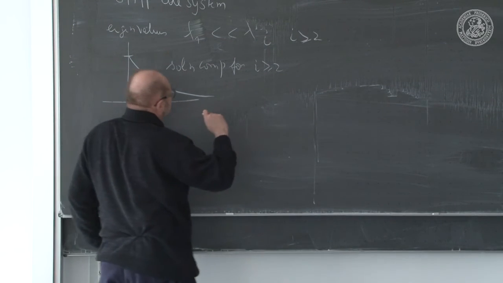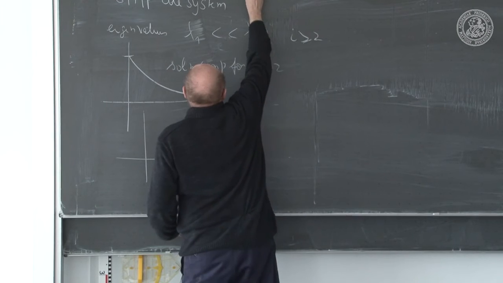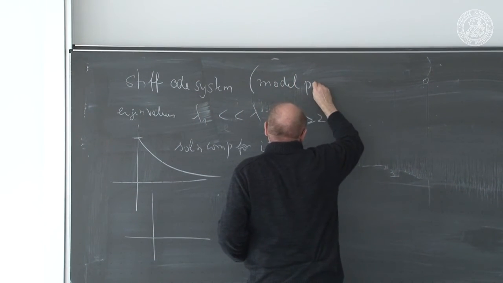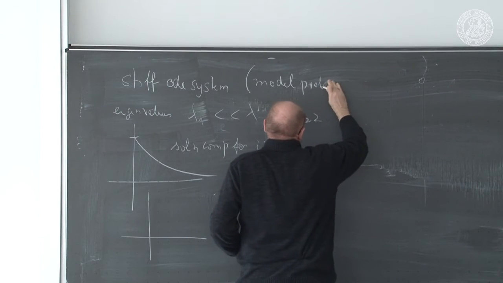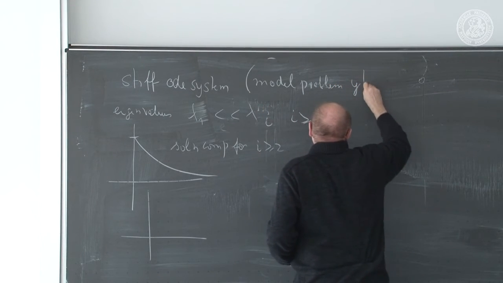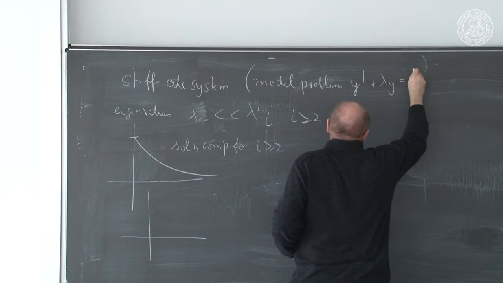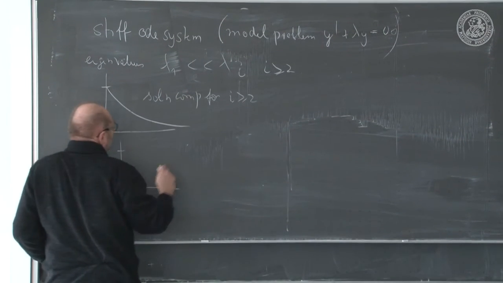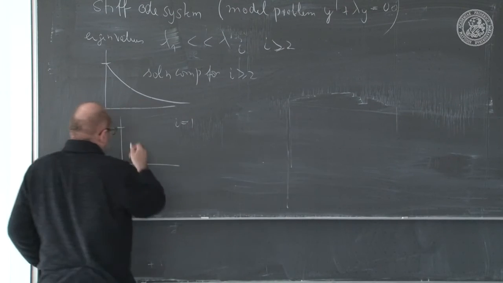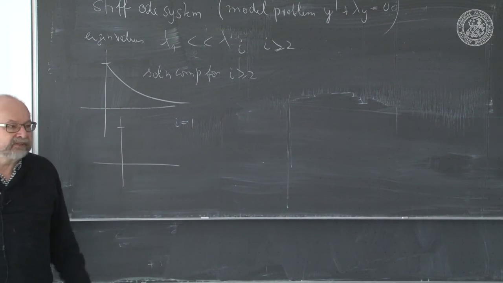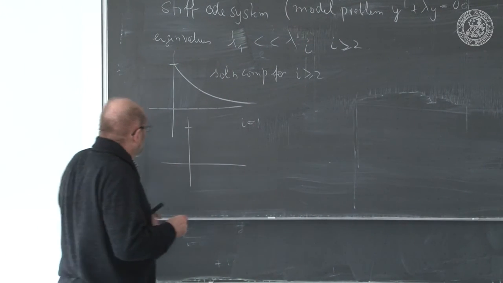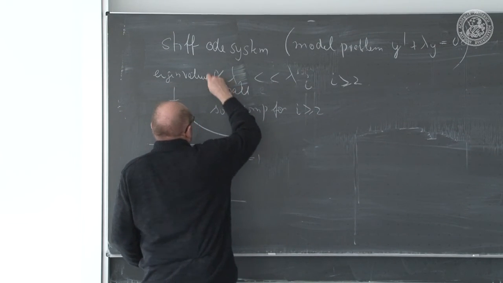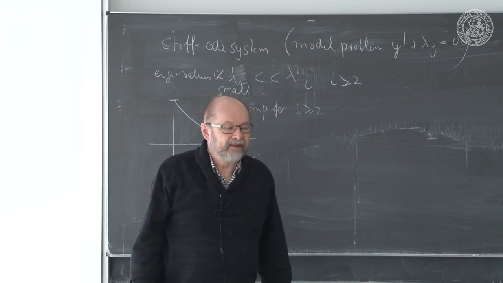The solution, of course, is of the model problem, meaning, as we had it, y prime plus lambda y equals 0 or equals something. Now we have the solution component for I equals 1. What kind of picture do I have to draw for this very small positive eigenvalue?